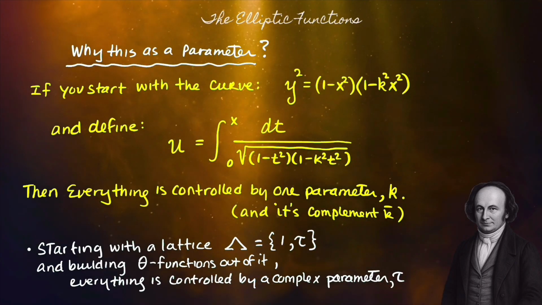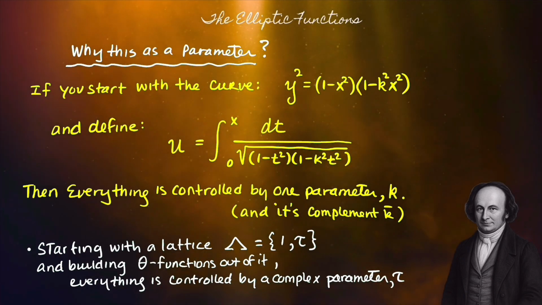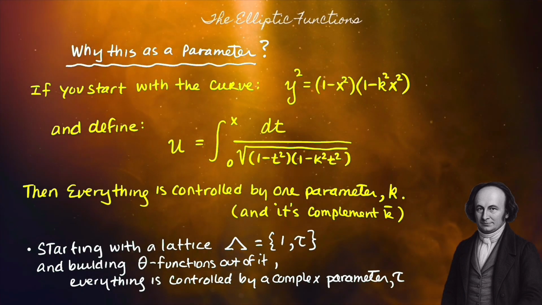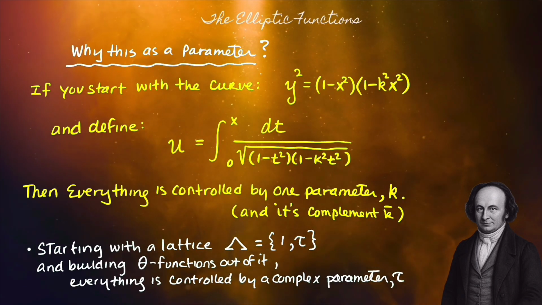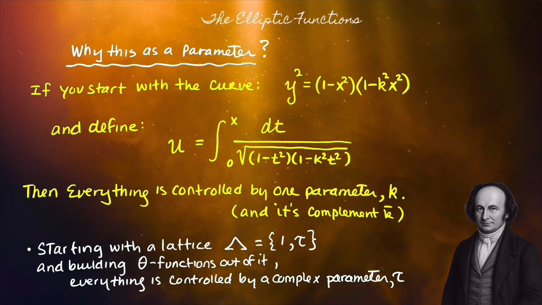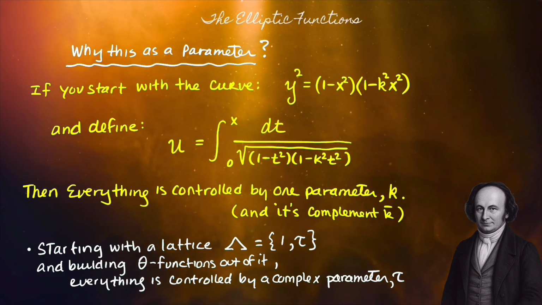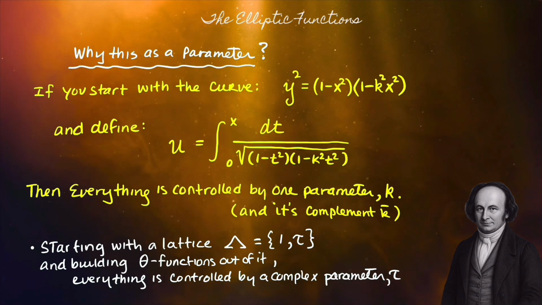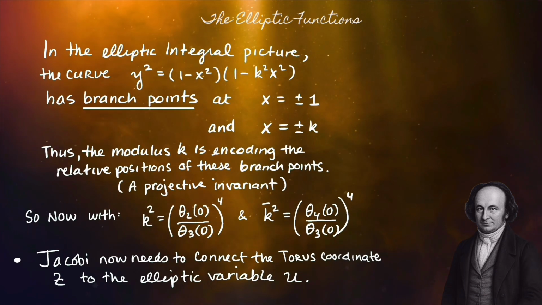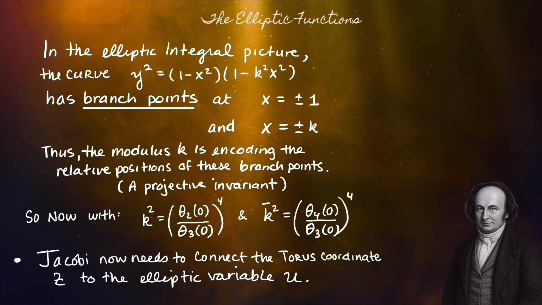Now, why is this parameter important? If you start with the curve y squared given by this and define the integral u given here, then everything is controlled by one parameter k, and of course its complement. Now when we start with a lattice, we get something that is in terms of a complex variable, but in the elliptical integral picture, the curve here has branch points.